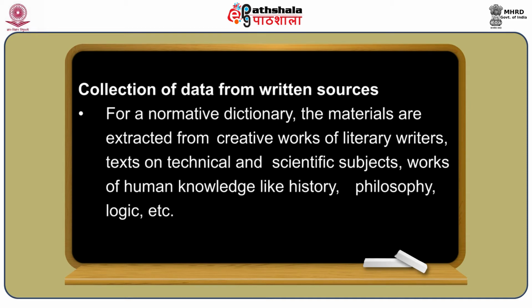For a normative dictionary, the materials are extracted from creative works of literary writers, texts on technical and scientific subjects, and works on human knowledge like history, philosophy, logic, etc. Besides, articles, sketches, and other types of texts from journals and newspapers are also used. They provide specimens of contemporary language.